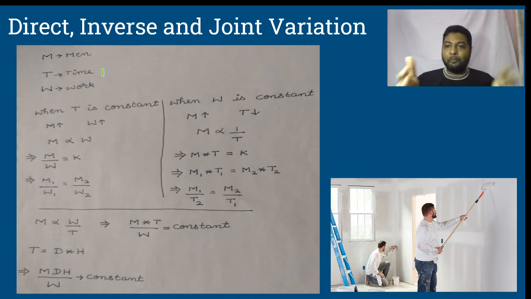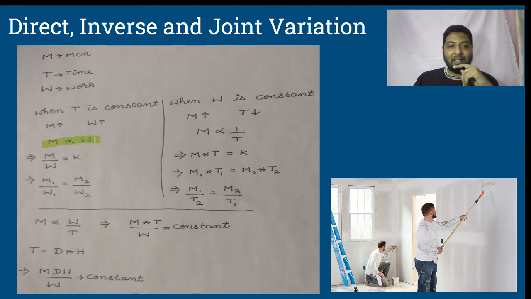If more people are painting, the amount of work done in a constant time will also be more. Therefore, as M increases, the related entity W also increases. As M decreases, W decreases. The same trend between M and W. Therefore, we say M varies directly with respect to W.